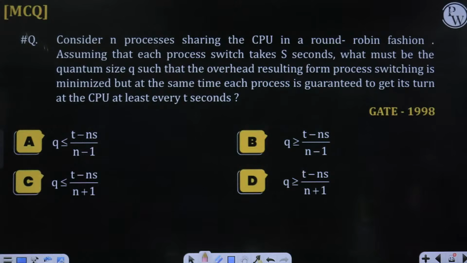Are you guys solving this? Just because it won't take that much of time.